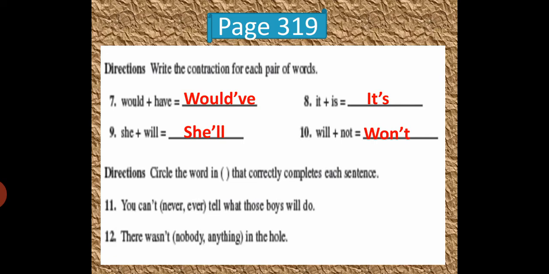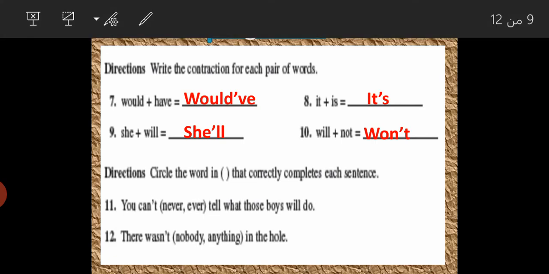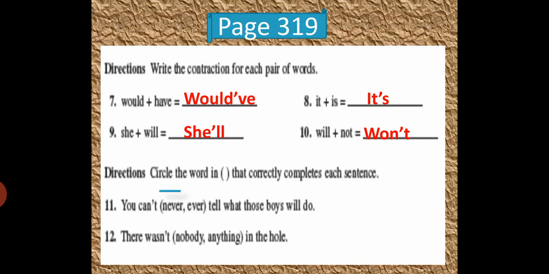I have only one negative word here, can't. Can I choose another negative word? Of course not. So I'm gonna choose ever. I cannot choose never, because never is a negative word, and can't is a negative word. I need to choose only one negative word.